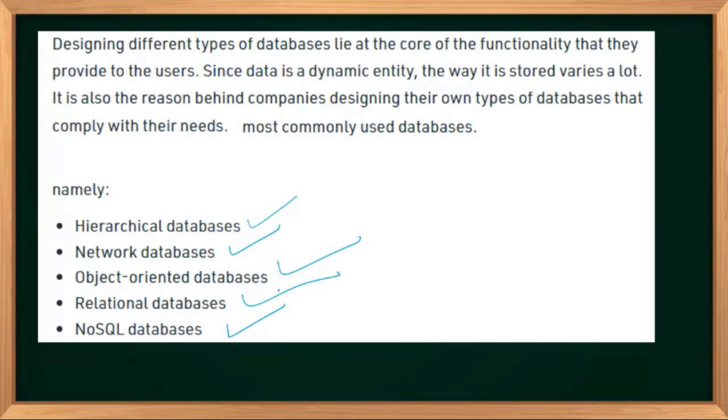The organization of data in different ways is the database model. The first one is the hierarchical database model, the second is the network database model, the third is the object-oriented database model, the fourth is the relational database model, and the fifth is the NoSQL database model.